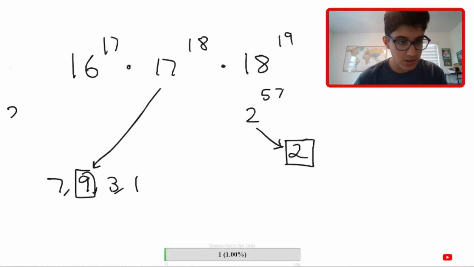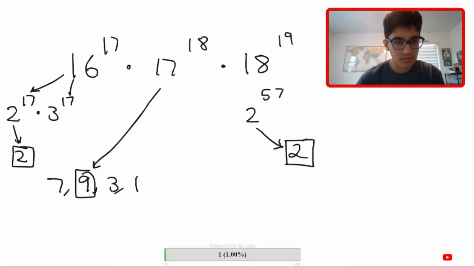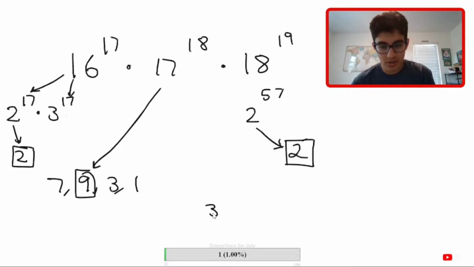So that's 2 to the 17th times 3 to the 17th. We know 2 to the 17th is going to be 2, right? 3 to the 17th, that's going to be 3, 9, 7, 1 again, right? Yeah, 3, 9, 27, 81, and then back to 3. So this will also be the second term.